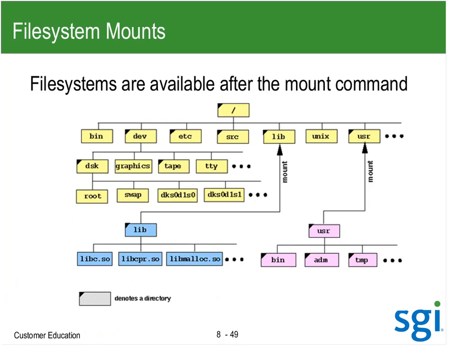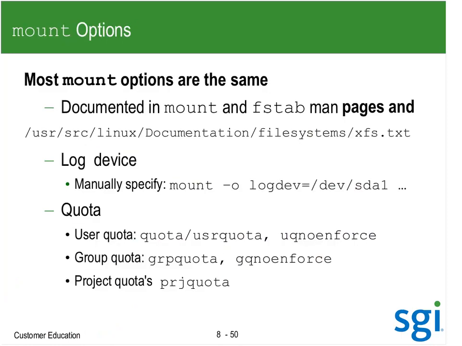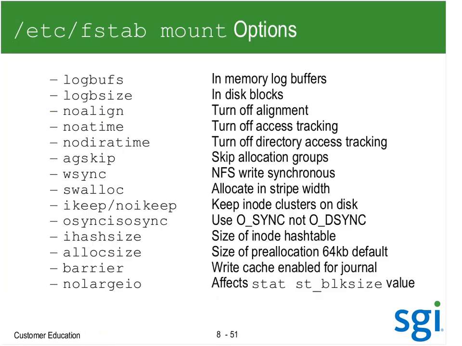Mounts. So mount options. Mount -o we were already using for log devices, quotas. Here's the one I was talking about, in-memory log buffers, how big the blocks are when we write to disk, whether I want alignment turned on or off. Here again, on a web server, I might turn off access tracking.